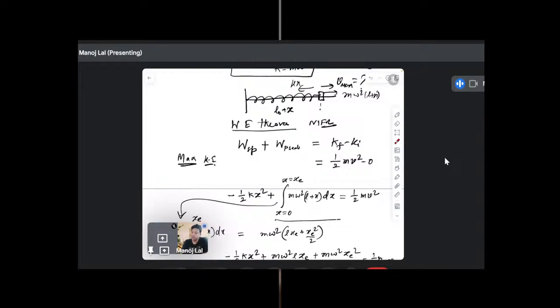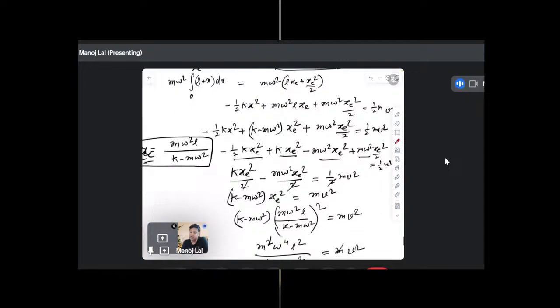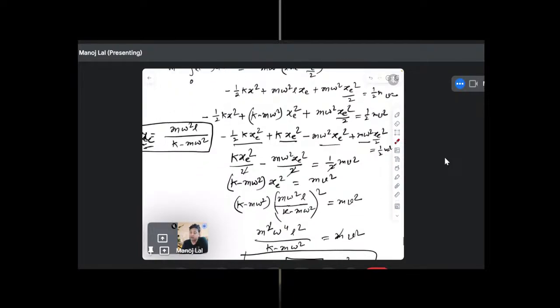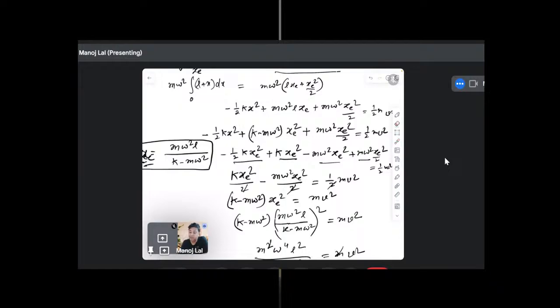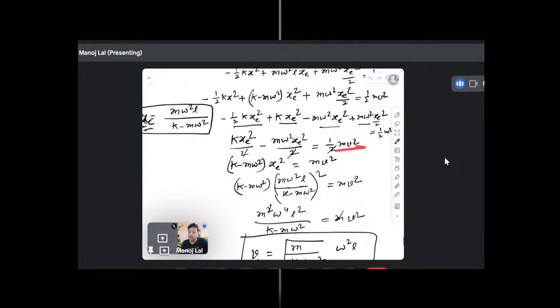So when we put this to be 0, what will be there? Then you come to this final equation which I got, from this equation I can write this to be 0. There is no change in kinetic energy, so this 2 will not be out at this moment.